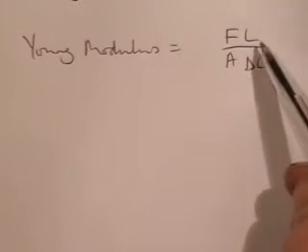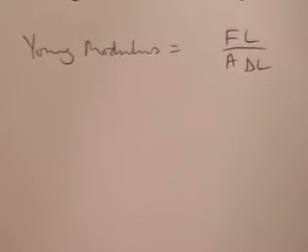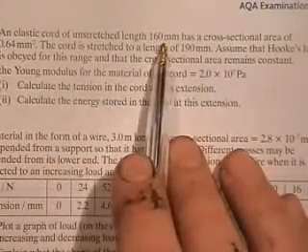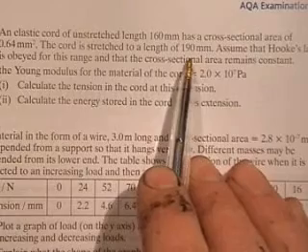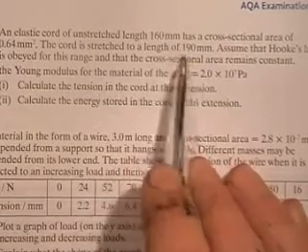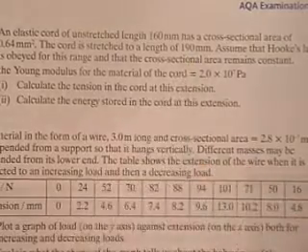Do we know the original length, the unstretched length? Yes, it's given in the question. Do we know the change in length? Well, for that we've got to be careful, because the question doesn't tell you directly what the change in length is. It tells you what the length is when it isn't stretched, and it tells you what the length is when it is stretched. So from those two things, you can easily find out the change in length.